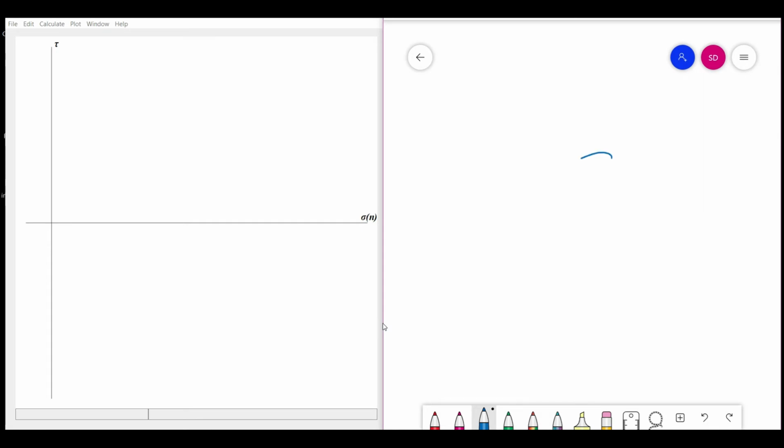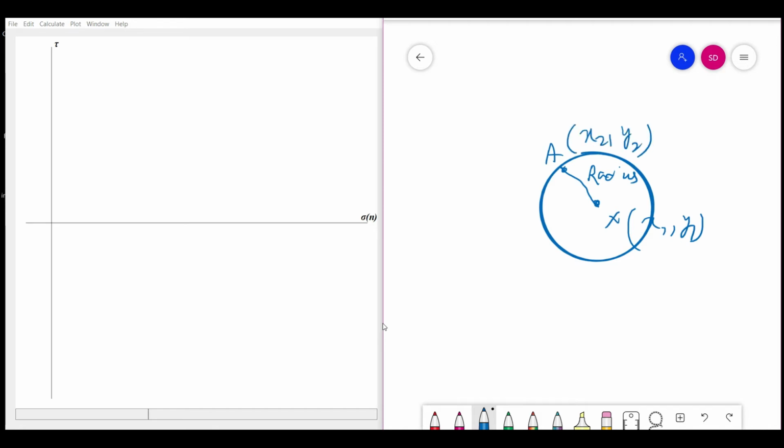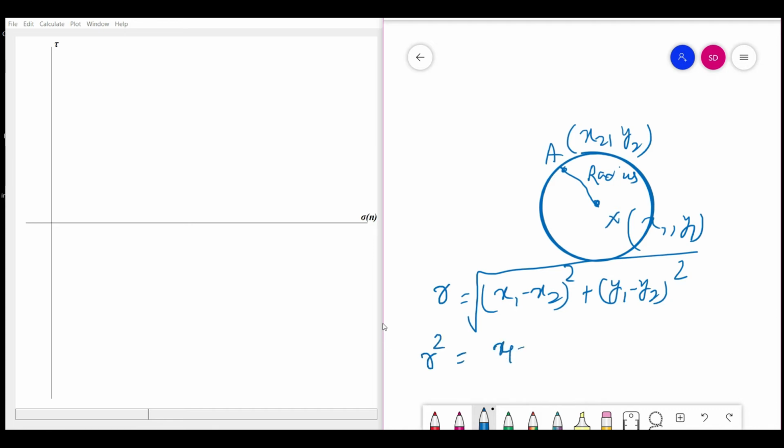In a circle, in this case, if x is the center and a is on the circle, with the coordinate of x equal to x1, y1 and a equal to x2, y2, the length of the radius is equal to the square root of x1 minus x2 whole square plus y1 minus y2 whole square, or r square is equal to x1 minus x2 whole square plus y1 minus y2 whole square.